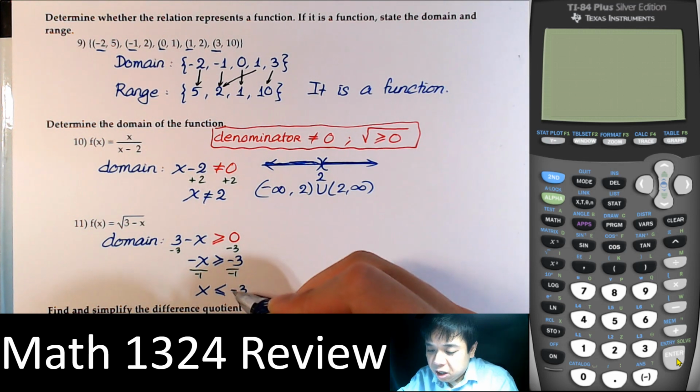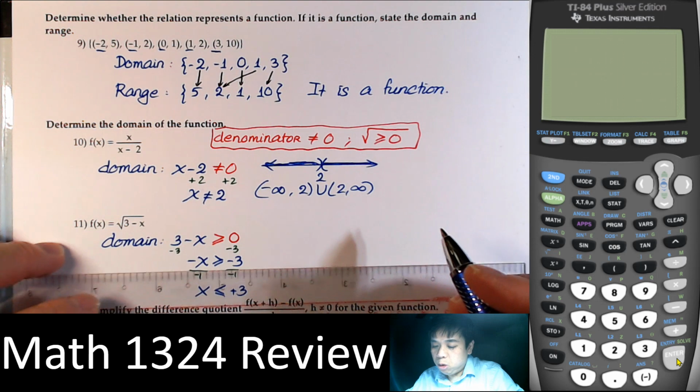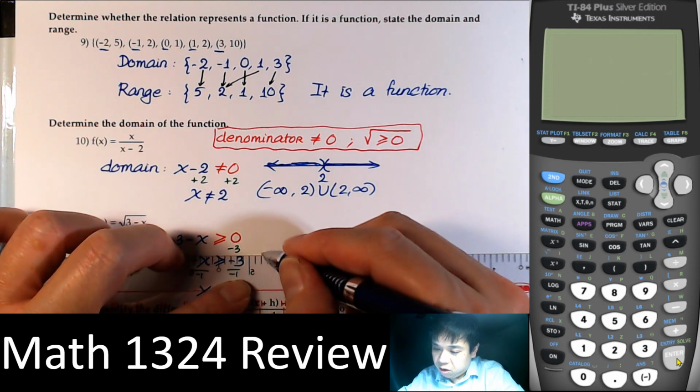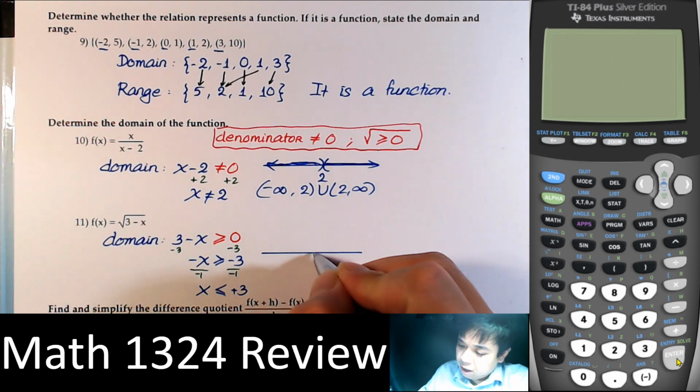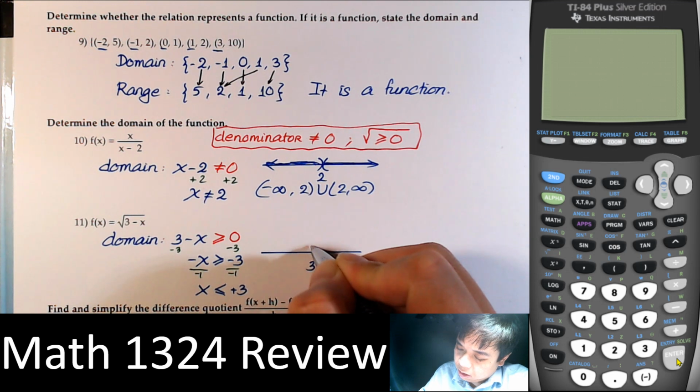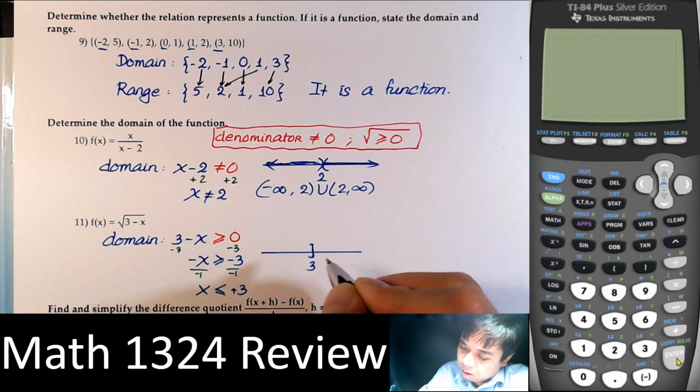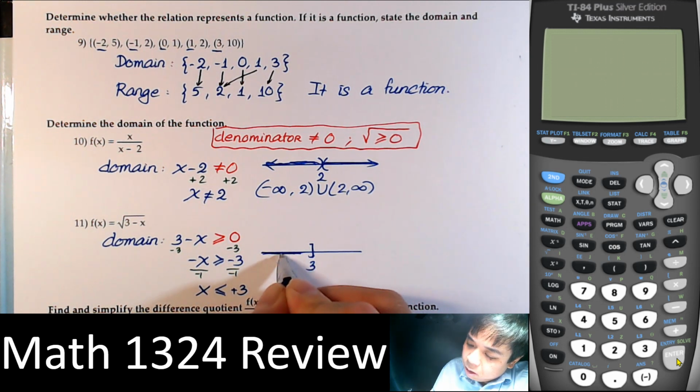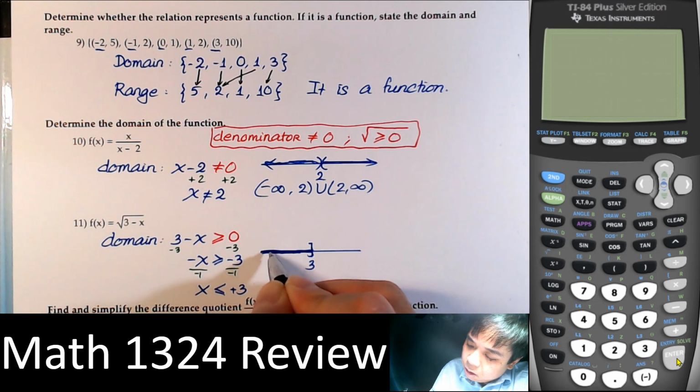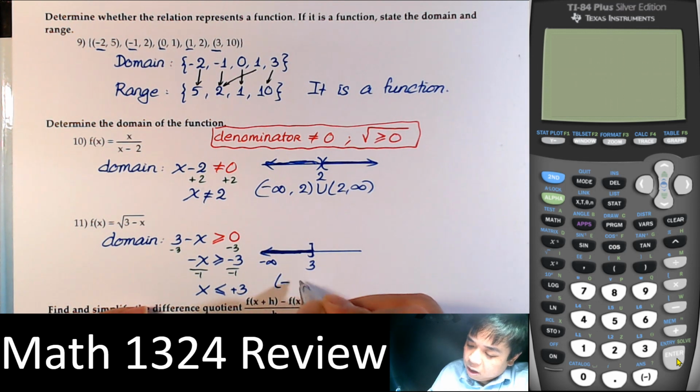Negative 2 divided by negative 1 is positive 1. Positive 3, sorry. Draw the number line. And it's less than or equal to 3. So we have negative infinity to 3.